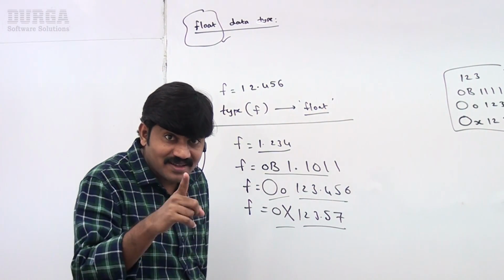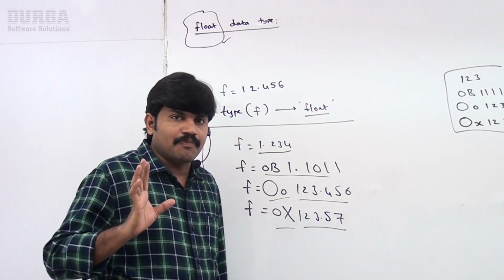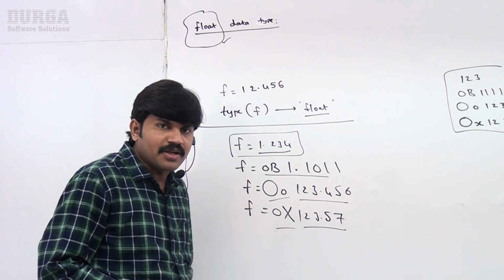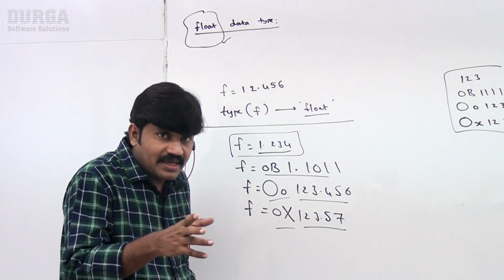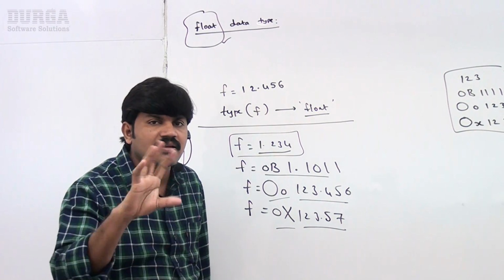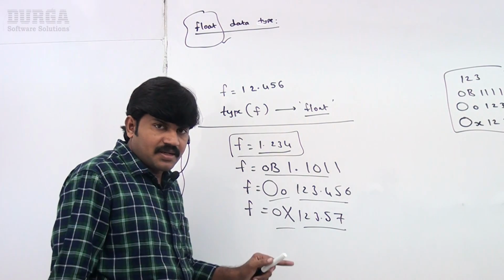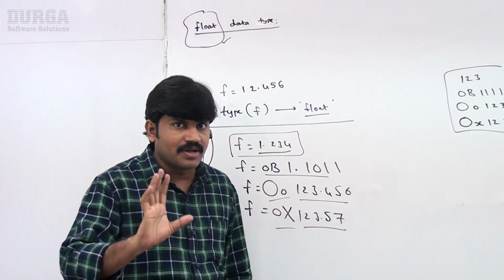The reason for that is floating point values we can represent only in decimal form. Are you getting it? Floating point values we can represent only in decimal form. Binary, octal, hexadecimal, such conventions are not allowed for float values. These representations are applicable only for integral types but not for floating point types.